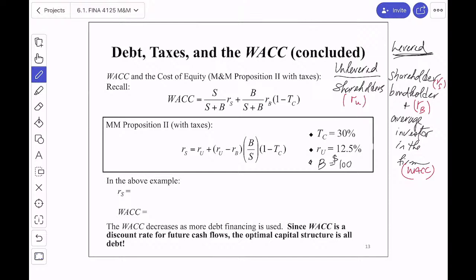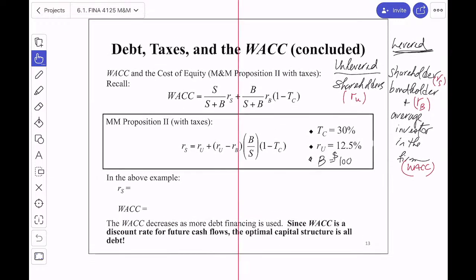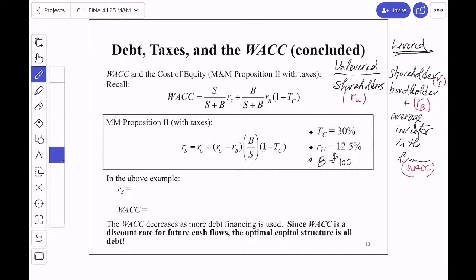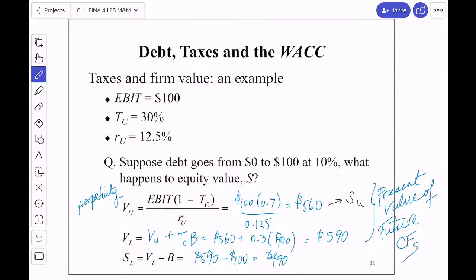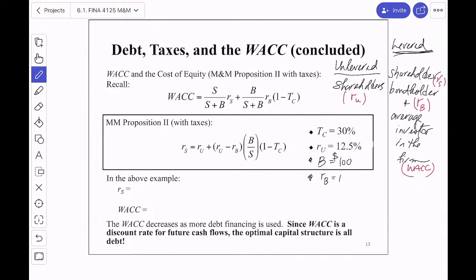Oh, we need RB. Trying to add these on. So RB was, if you go back, 10%. What else do we need? TC, RU, RB, B, and we need S.